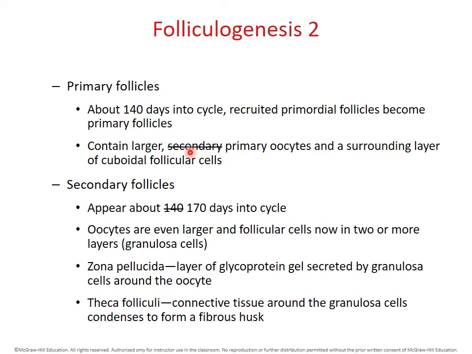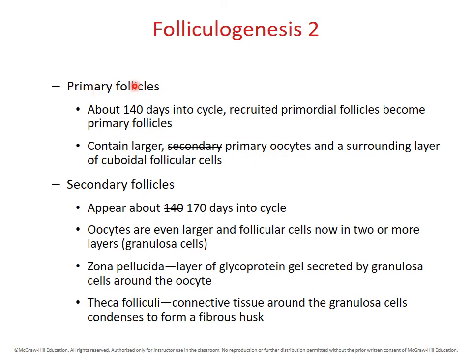Remember, the secondary oocyte is the cell derived from the first meiotic division, and that doesn't happen until right before ovulation. So it's impossible for this to be a secondary oocyte. The primary follicles still contain primary oocytes that have not completed meiosis yet. This cohort of 24 has been jogged into completing meiosis, but it takes a long time for them to complete that first meiotic division.